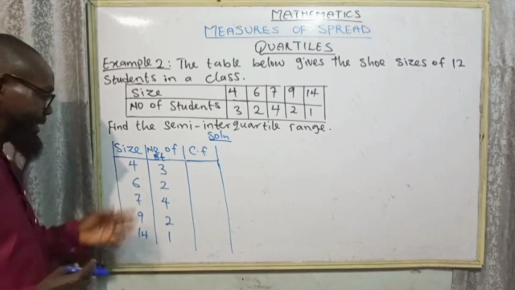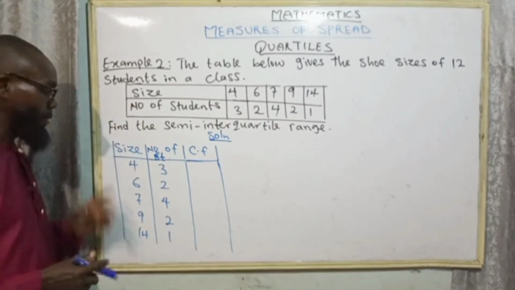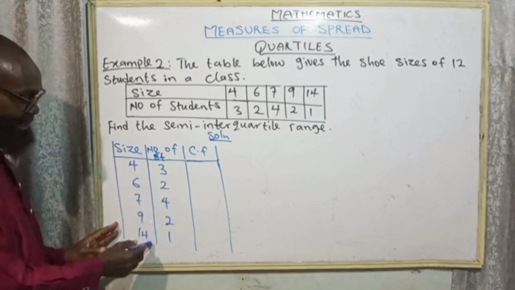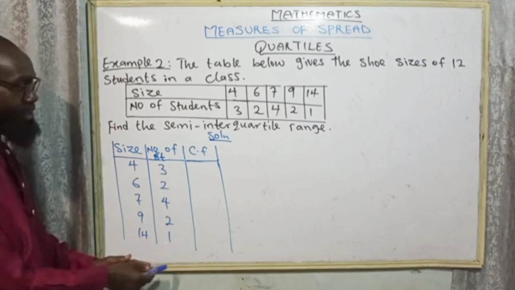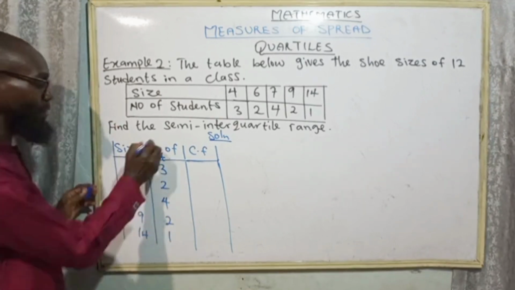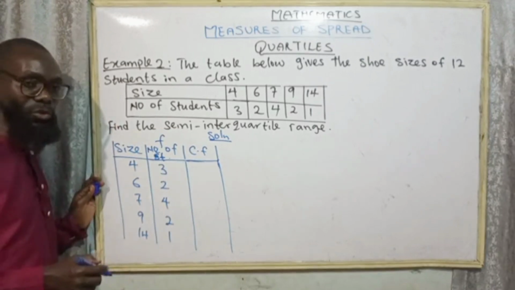Now, this is the table. We have the shoe sizes and we have the number of students. So the number of students is our frequency. Don't forget, it's our frequency.